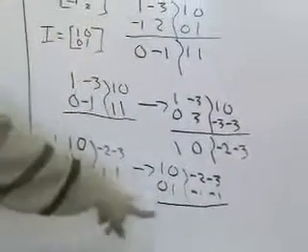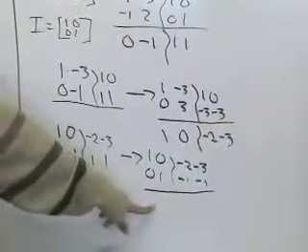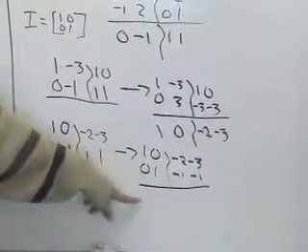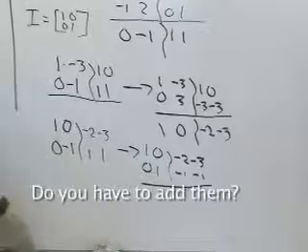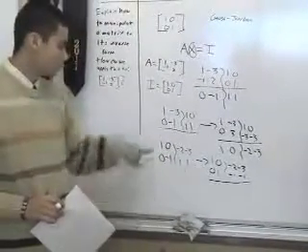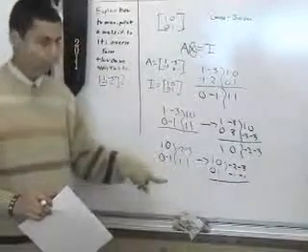And then if I do that, that makes it a 1 down here. Are you combining them or just showing it? Do you have to add them? No, I just multiply this one by -1.